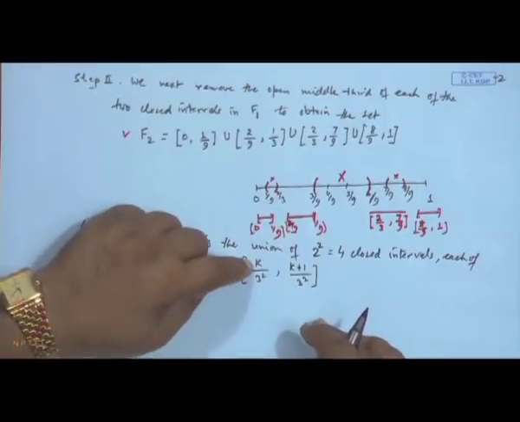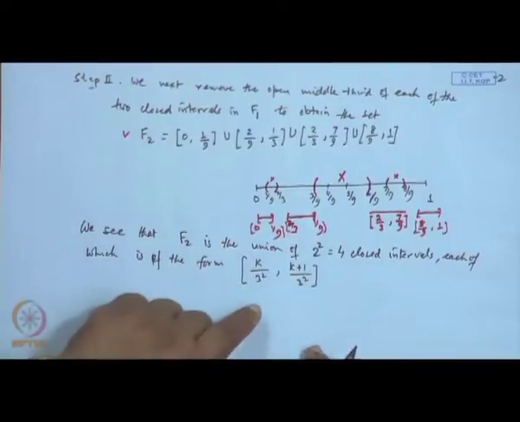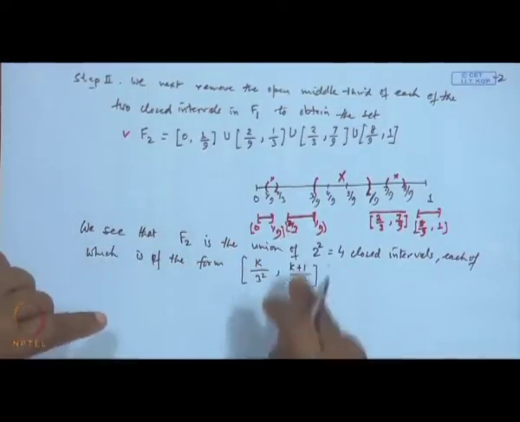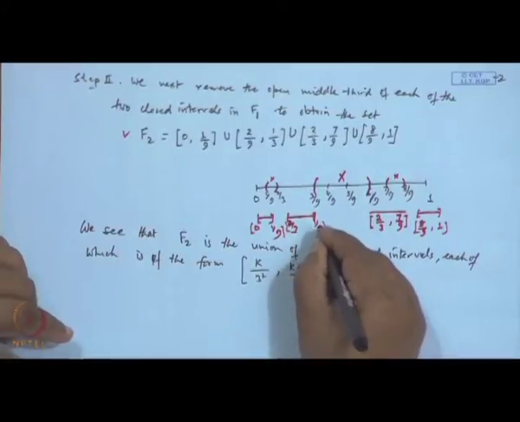When you take k equal to 2, you get the next one, with 1/3 as the right end point.